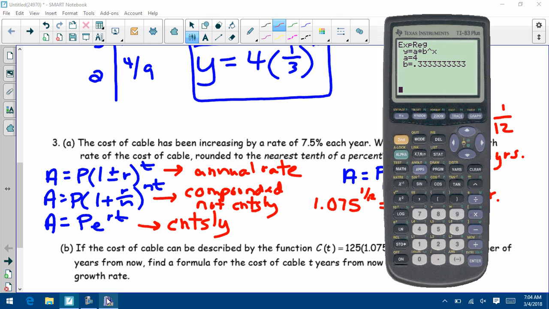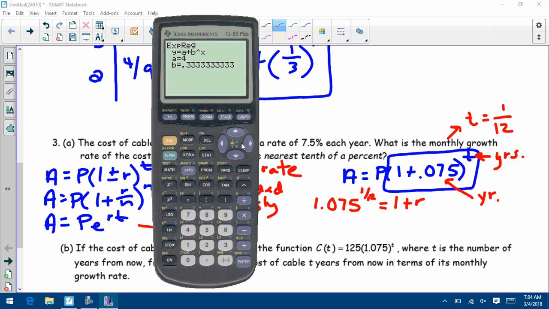All right, so let me plug this in. We're going to have 1.075 raised to the 1/12 in the exponent. It gives me that number, 1.0060, blah, blah, blah.